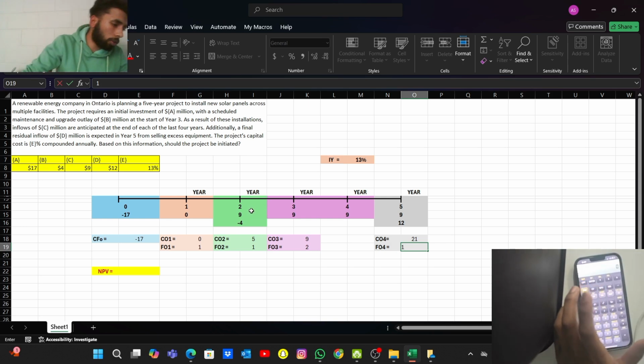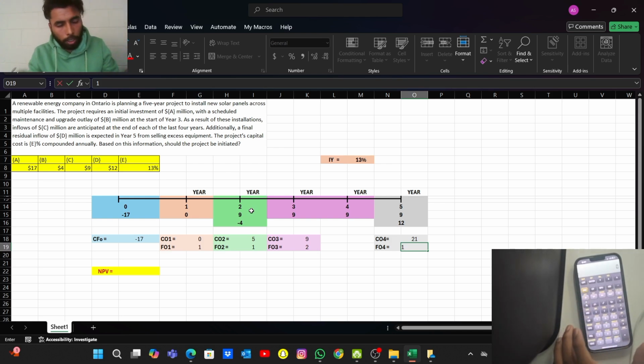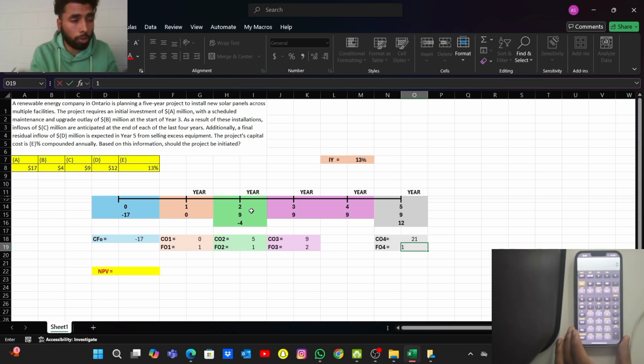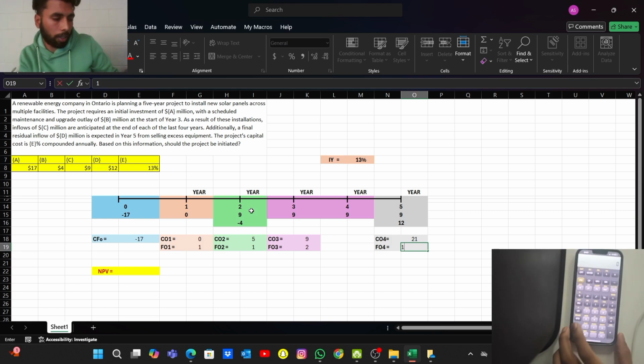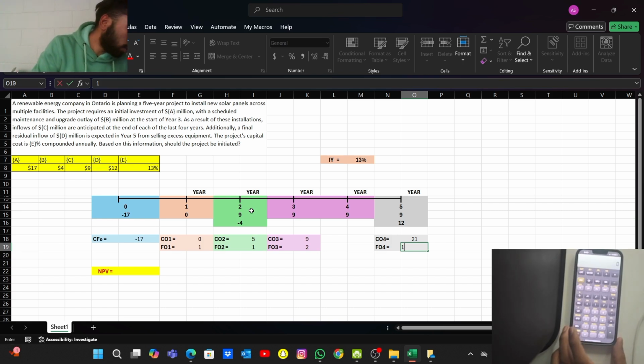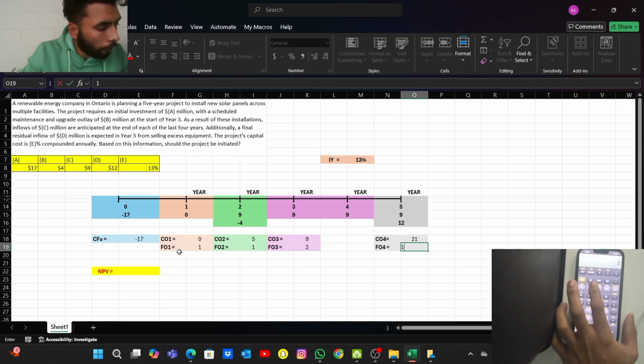So first solve the sum using the financial mathematics formula. For financial mathematics we need a BA II calculator, which I have on my screen. For the inflows and outflows we use the CF icon.